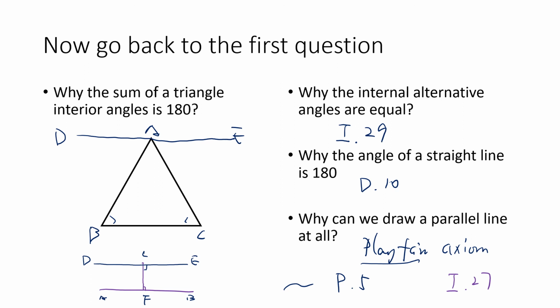Because they are all perpendicular, they add up to 2 right angles, then they are parallel. But this is not the exact proof, so if you are interested, you can try and see how to prove that.